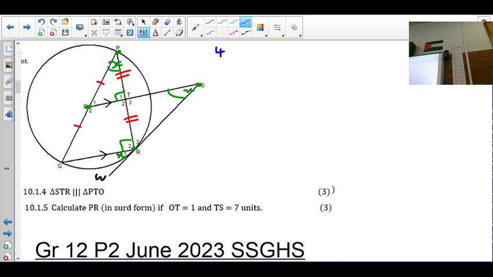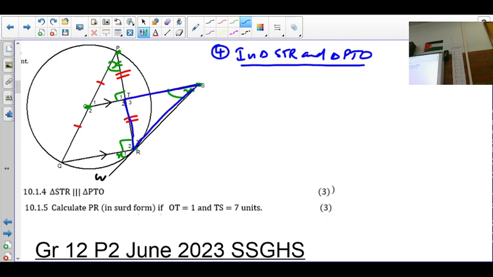So 10.1.4, we must prove that. So I start by saying in triangle STR and triangle PTO. Most of the time the order is given properly, if not all the time in the exam. So let's look at the triangles in question. S, T, R, yes, and P, T, O. So what can we say here?